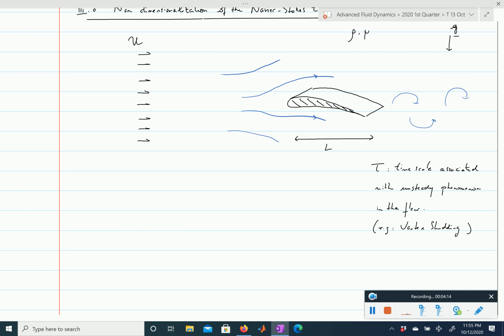And again, given a certain problem, your boundary conditions or the dimensions will give you scales for the other terms in the Navier-Stokes equation. So for the velocity field, at some point the velocity is small, in other points it could be larger, but you have a typical scale in that problem for the velocity, and that would be the velocity u at infinity. So when you start non-dimensionalizing, you will write everything in terms of scales.